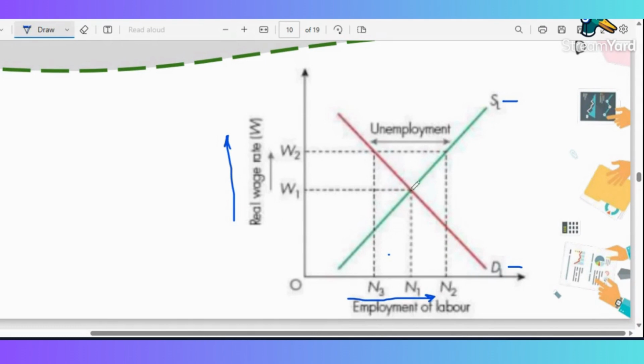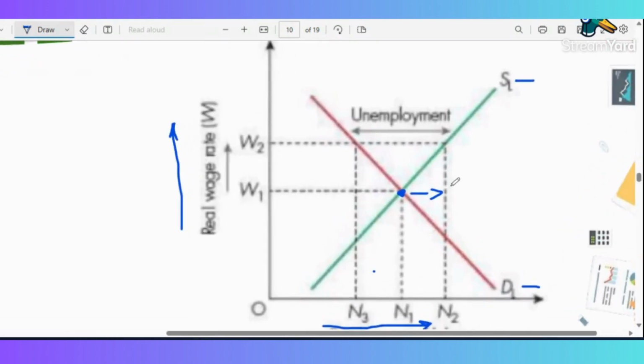Right here, where demand is equal to supply, at this point where supply of labor is equal to demand of labor, this is called what? The equilibrium. So let's call this EQ.